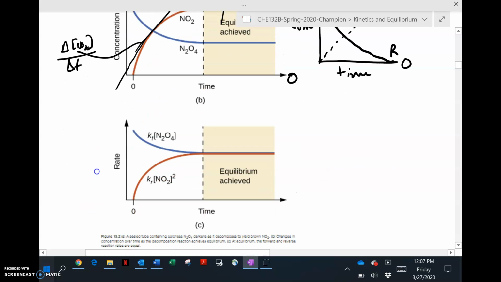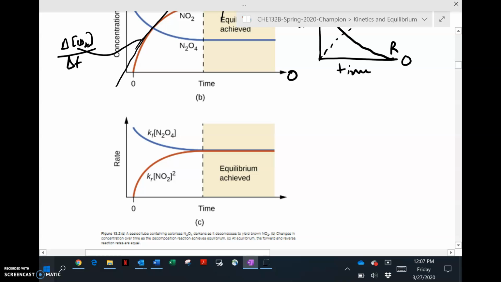The next bit of the slide is a little bit confusing, but they're trying to tie this back to rate. So the y-axis now is rate, not concentration. We've multiplied things by the forward rate constant and the reverse rate constant, and the orders are given by the number of those molecules in the reaction.